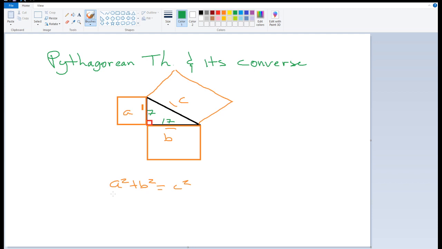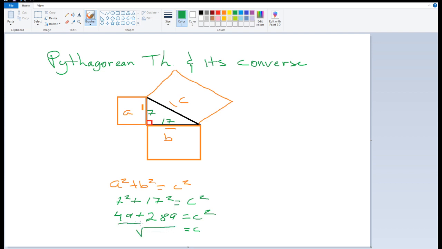Well, 7 squared plus 17 squared is equal to c squared. So 7 squared is 49 plus 17 squared is 289 equals c squared. We can isolate c by taking the root of both sides.